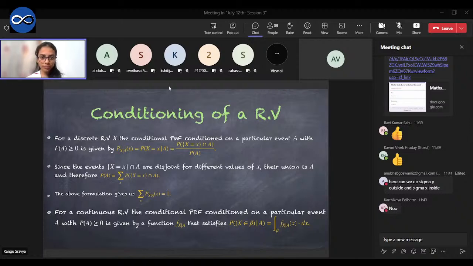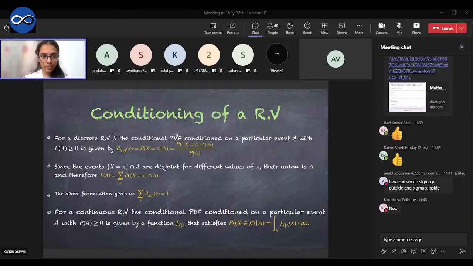Is it clear? Conditioning of a random variable.